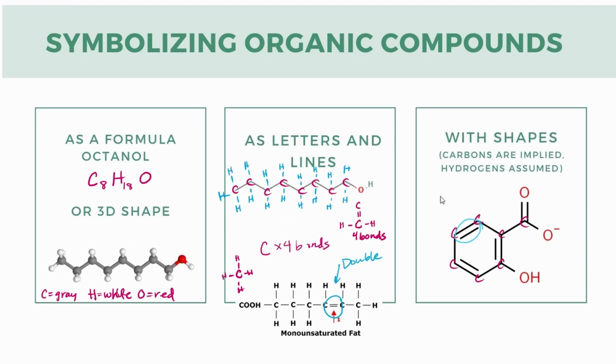Then you have the OH, so we can assume that the oxygen is the next point, not a carbon. On the other side, you can also see a little minus sign, which means there is the ability to add a hydrogen or another bond, but in this case it's not represented.